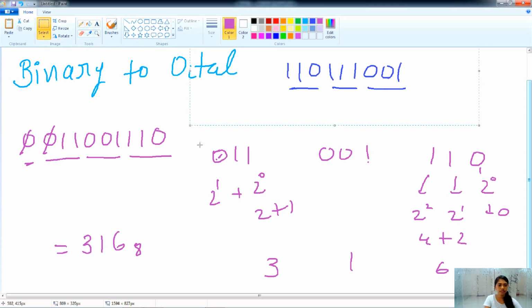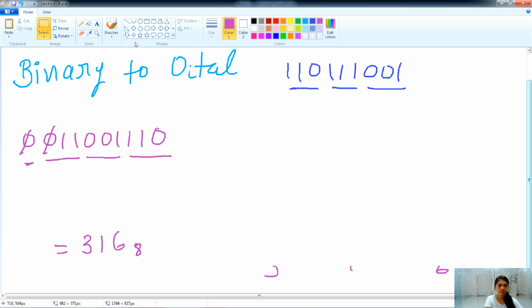For that, suppose we have a binary number like this. So its value would be 2 raised to 0, 2 raised to 1, 2 raised to 2, 2 raised to 3 like this. So it would be 1, 2, 4 and 8.